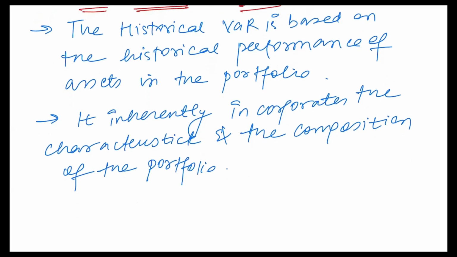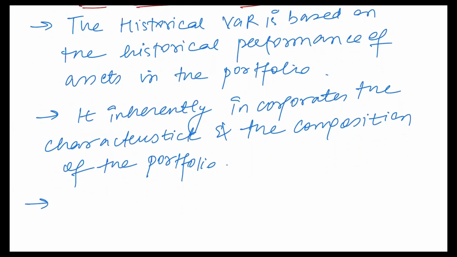Also, why do we say this is a very easy method? When you speak to risk managers, in general, they'll always say the historical method is the easiest method of calculating value at risk. Why do we say this? Because we are not making any assumptions on the distribution of the data.